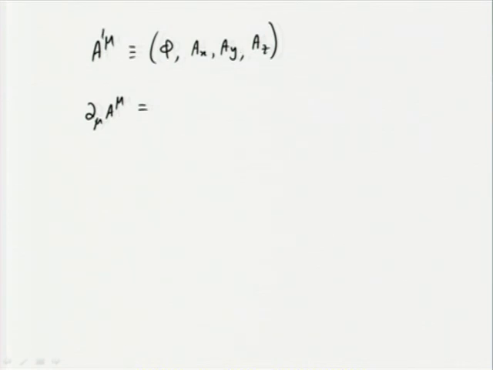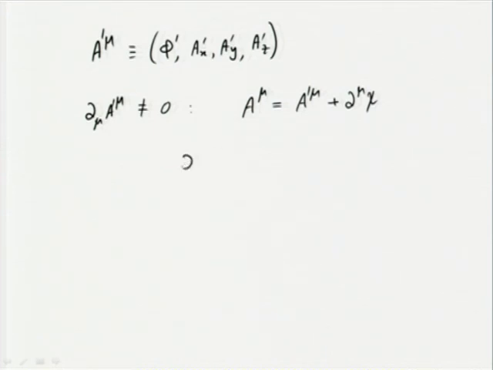But let me start with some potential which I denote by A mu prime. Divergence of that is not equal to 0. But then I make a transformation to A mu, which is equal to A prime mu plus dou mu chi, where chi is some scalar field, scalar potential, scalar function.